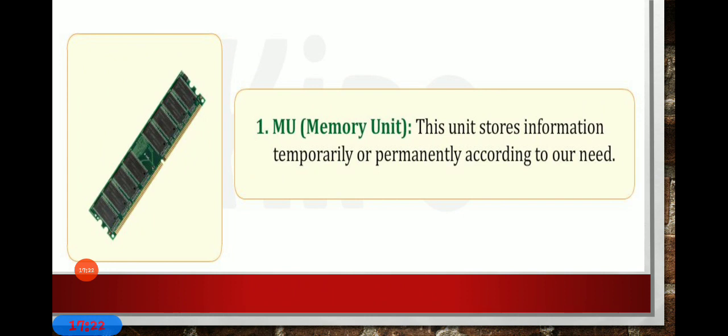It is called a memory unit, which we call RAM or ROM. This unit stores information temporarily or permanently according to our need. Its work is only to store things, to store data, temporarily and permanently. This is called the memory unit.